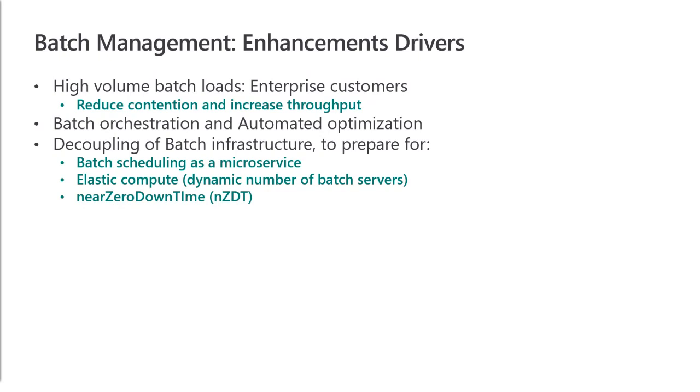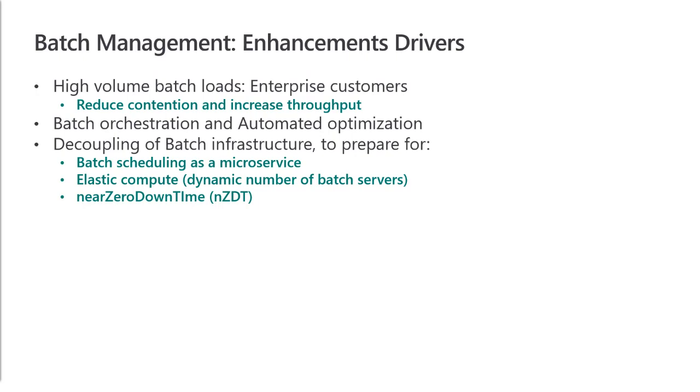So a lot of the features that I will present that the team has worked on are about reducing contention or locking and increasing throughput. It's also about making it easier to orchestrate the batch processing, automate the optimization, and utilize all our resources, or your resources.